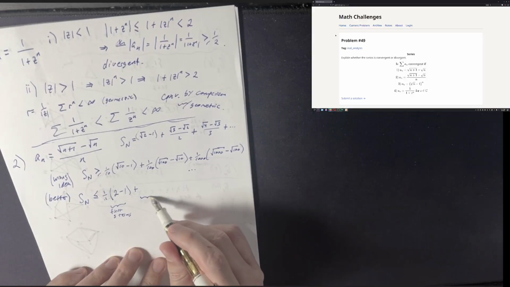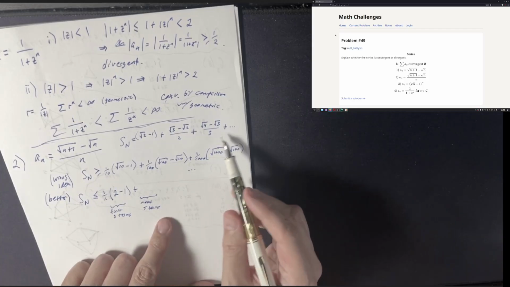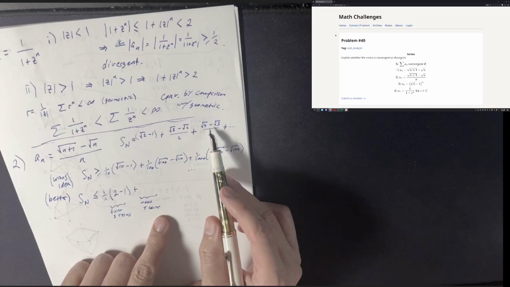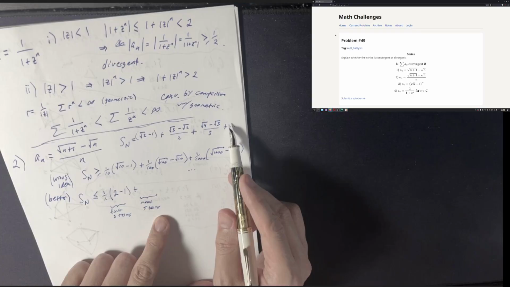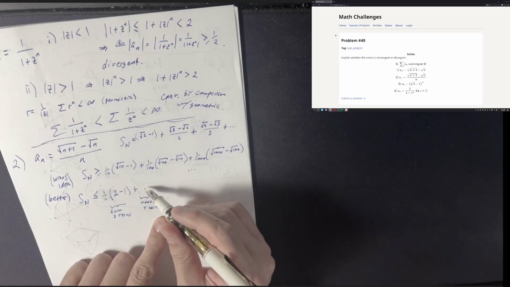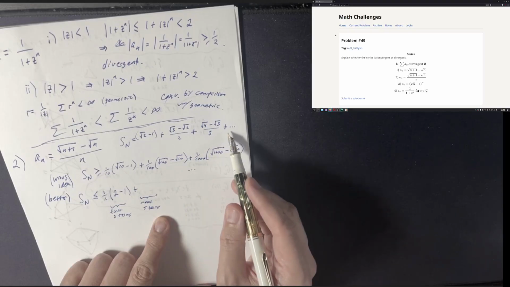And then I'm going to take the next 5 terms, the ones that start at, let's see, the first term is a root 5, and then minus root 4. So we're going to put a quarter here, I guess.